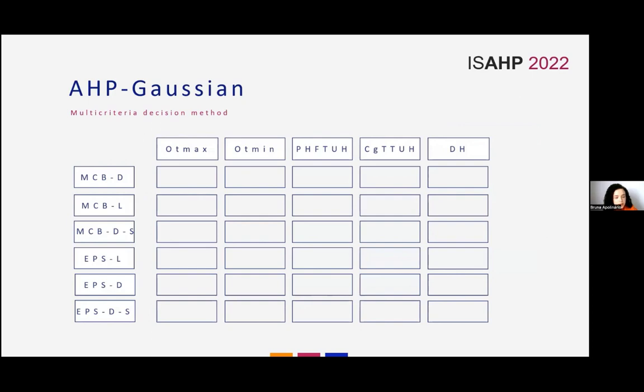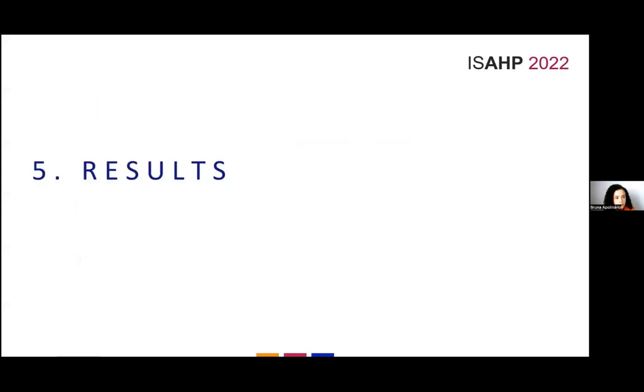And the default decision matrix for all locations had as criteria the maximum and minimum operative temperatures, the percentage of hours within the acceptable operative temperature range, the total thermal load, and the percentage of discomfort hours. And the alternatives were the building systems.